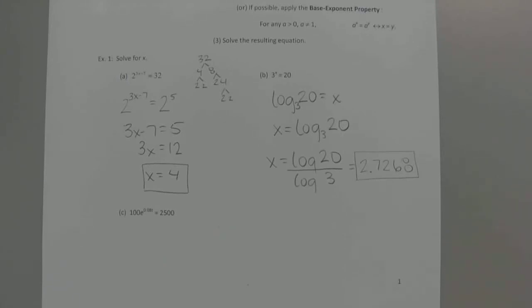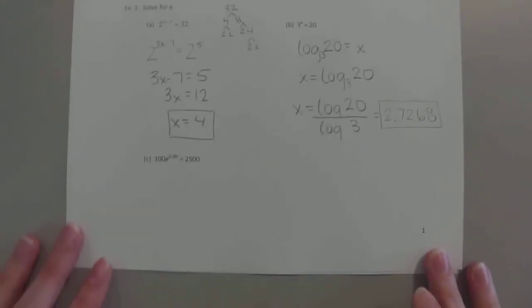So that's what we did. We found that number that goes on forever, 2.7268, blah, blah, blah. That's the exponent to which we need to raise 3 to get perfectly 20, okay? And if you messed it up in your calculator, you can use this as an approximation, right? If you raise 3 to this approximate answer, it should be a number approximately close to 20. It won't be 20 perfectly.